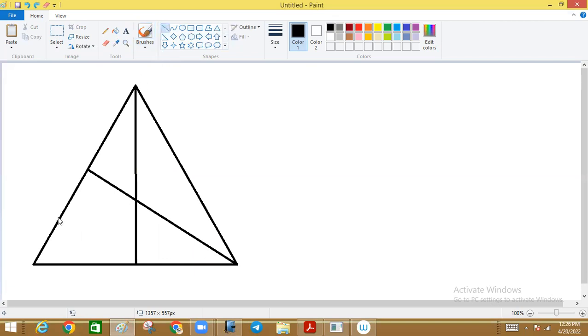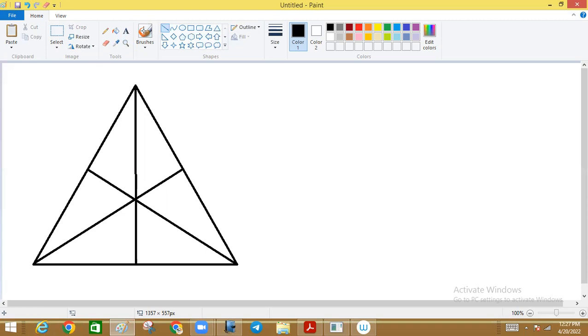If I draw 3 medians, how many triangles are formed? 6 triangles, all with equal area. Is it clear? 3 medians divide the entire triangle into 6 equal parts.